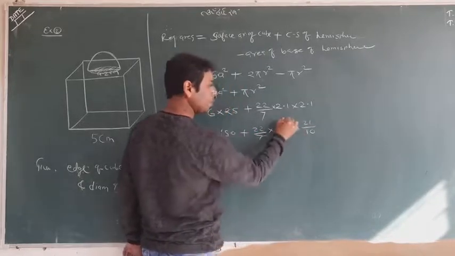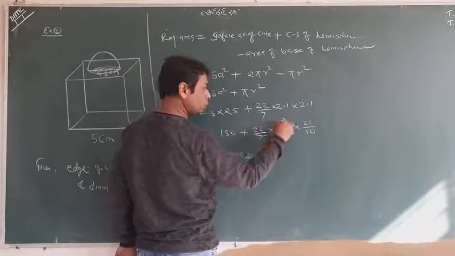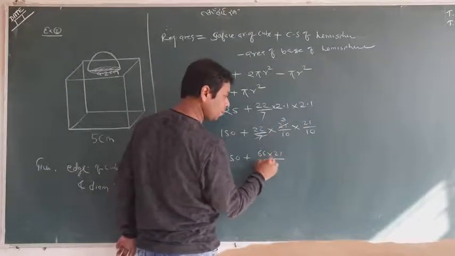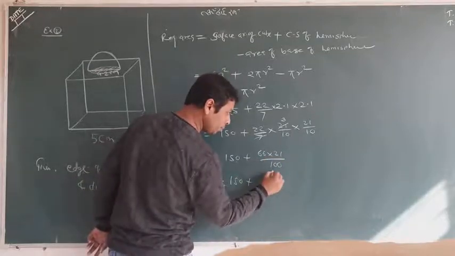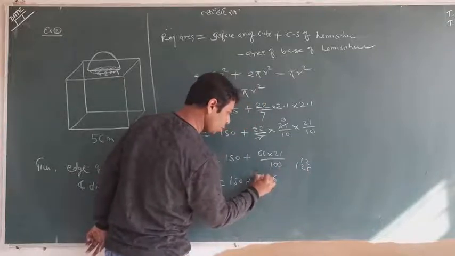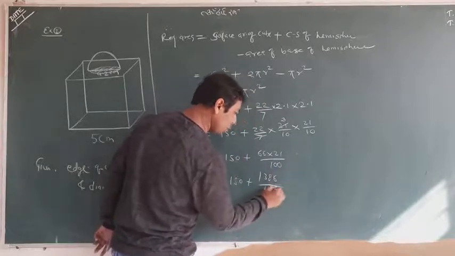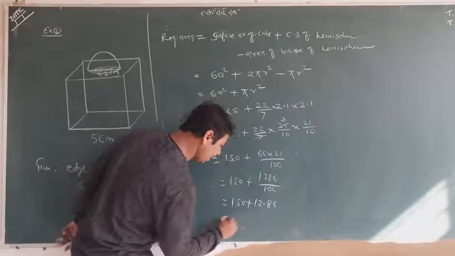Cancel by 7. So I will multiply all the things. 22 into 3 is 66, 66 into 21 is 1386, upon 100. Divide by 100, 13.86, and add it all the way.